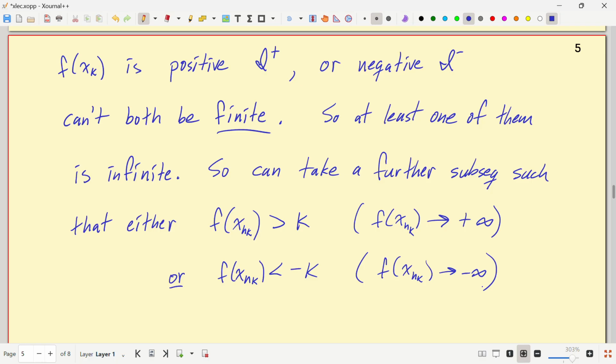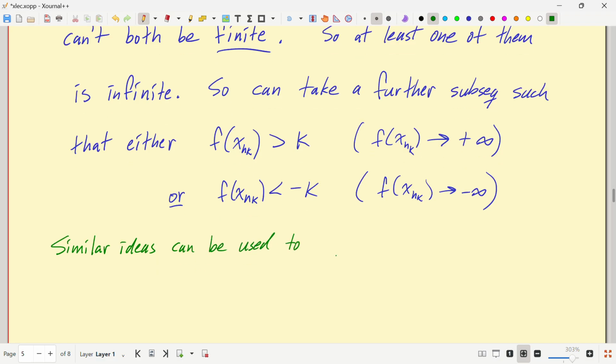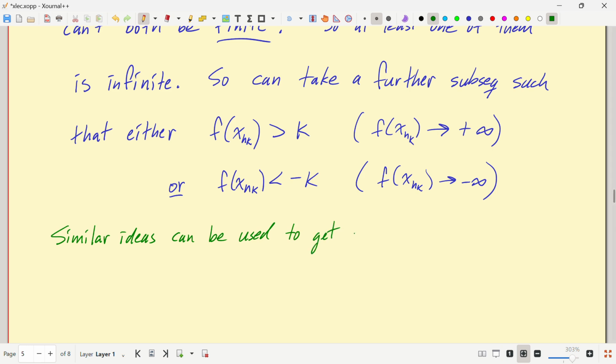Well, you can use a very similar idea to show that these things assume their max. I don't want to jam it in at the end here. So similar ideas, and I'll do them next time carefully, to get maxes and mins attained. The key word is attained.